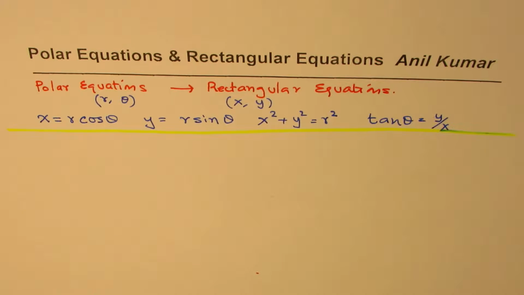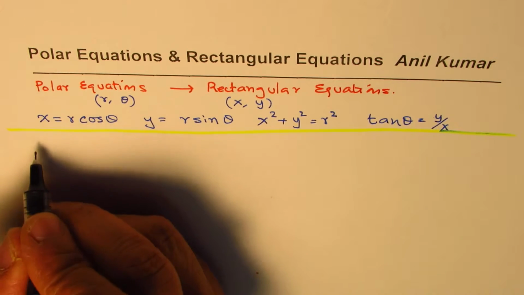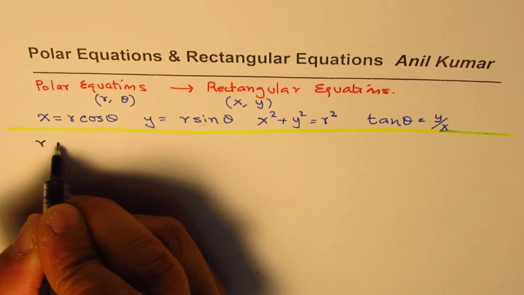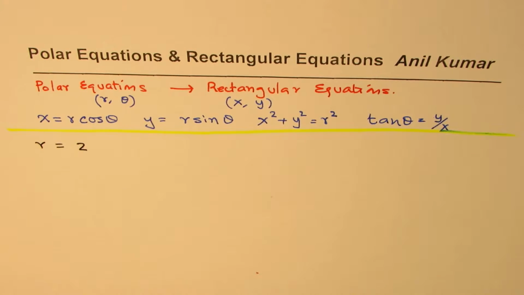So let's take up very simple examples to begin with. Polar equation in terms of r and theta, we could have such a simple equation as r equals, let us say, 2, right? So r equals 2. In the polar system, r equals 2 will mean what?